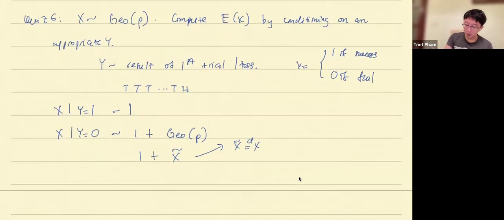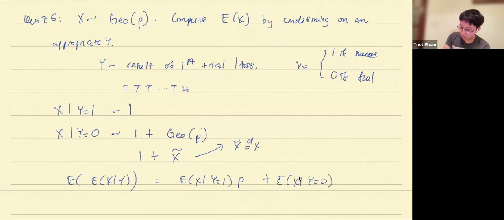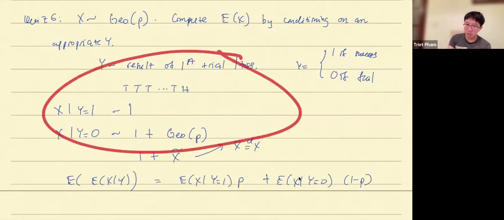Anyway, applying the formula, what do we get? It will be the expectation of X given Y equals 1 times that probability, plus the expectation of X given Y equals 0 times that probability, right? So the first step of identifying the appropriate Y is done.